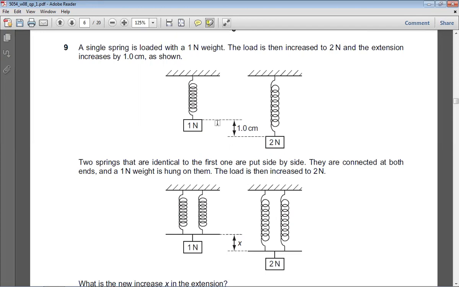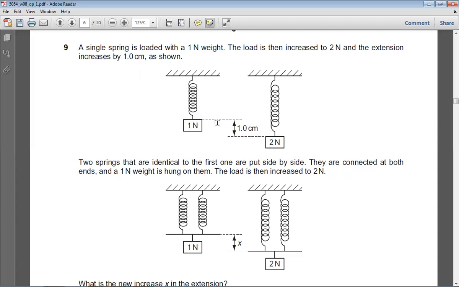Then they change the load from 1 Newton to 2 Newton, so they have increased the load by 1 Newton. So the increment in the load is 1 Newton, and the extension shown by the spring is 1 centimeter.